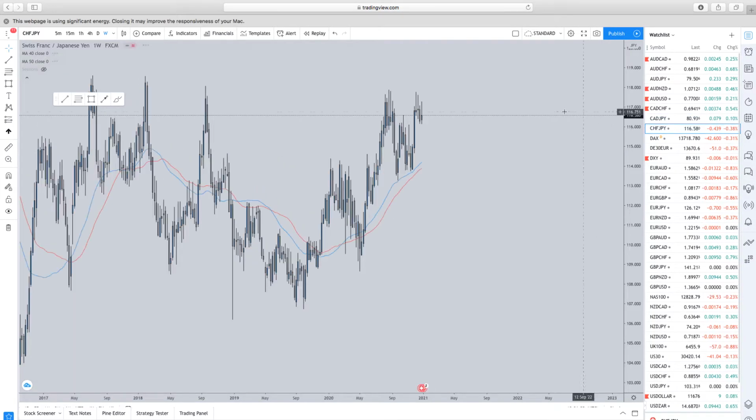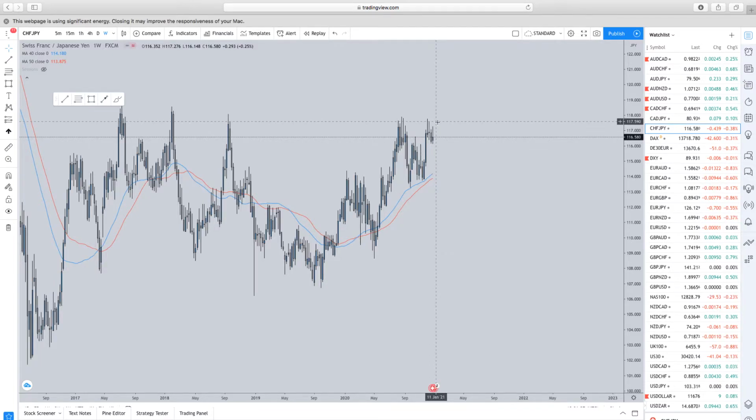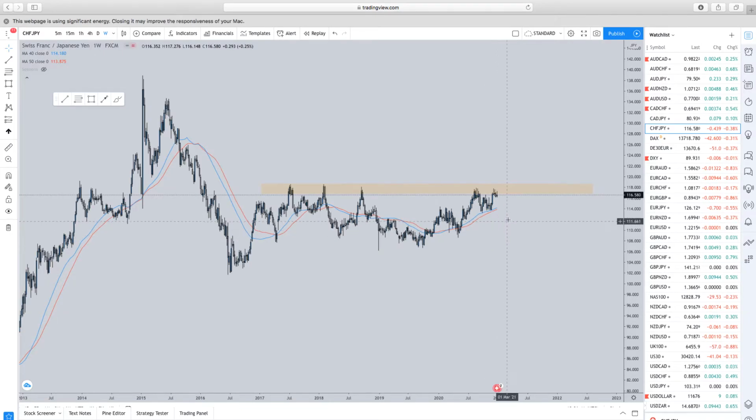Now, Swissy JPY. Strong rejection here. So we'll keep an eye on this. Look at the amount of touches to the top. Support.